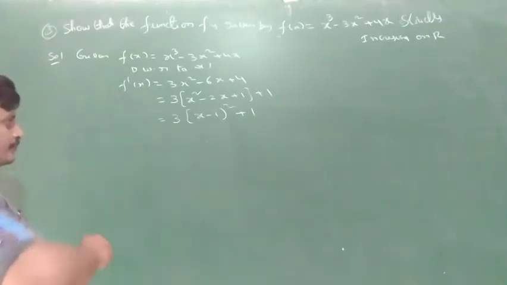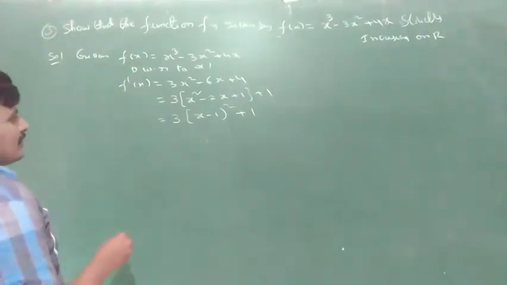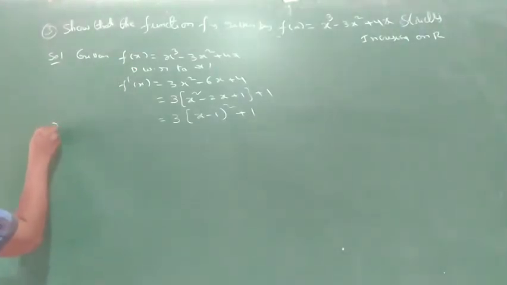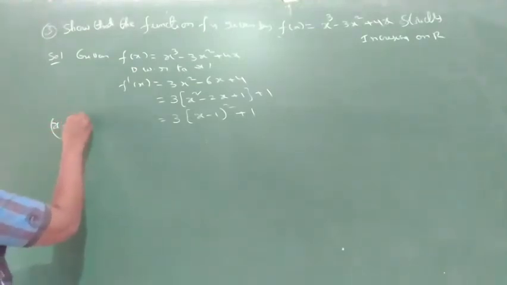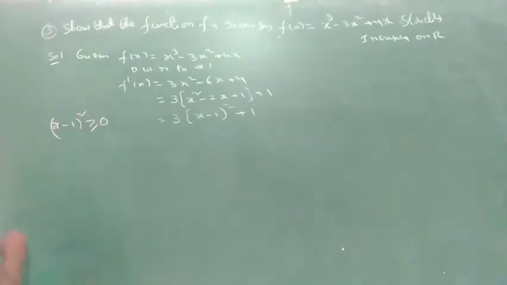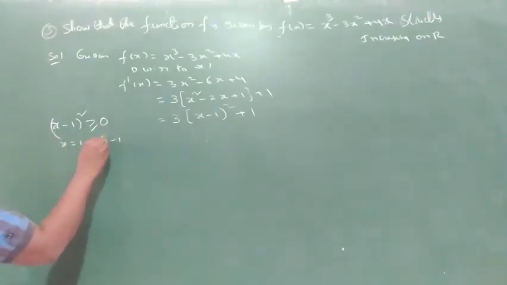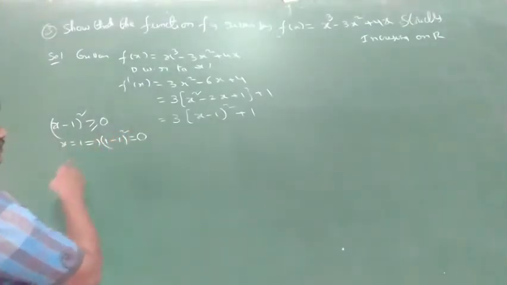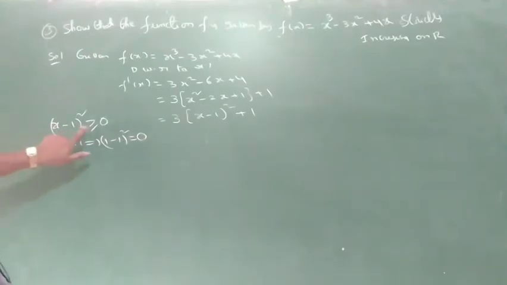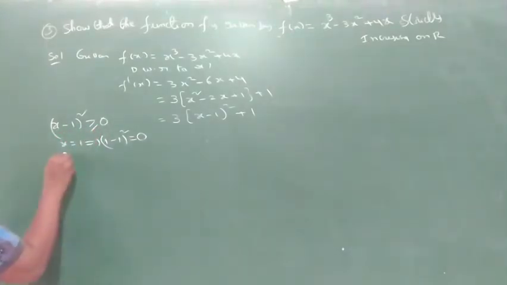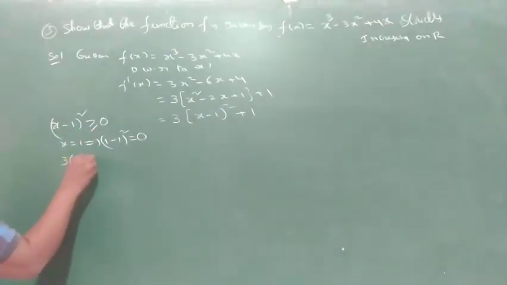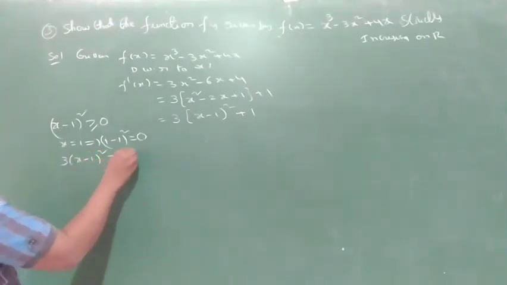So x minus 1 whole square is greater than or equal to 0, because at x is equal to 1, 1 minus 1 whole square is equal to 0. So x minus 1 whole square is greater than or equal to 0, and 3 into x minus 1 whole square is greater than or equal to 0.